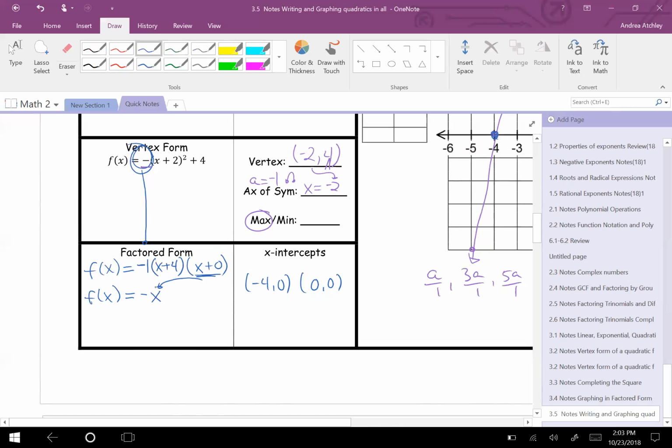And the negative sign comes in front, and then I get left with x plus 4. So this is factored form. Any questions over that?